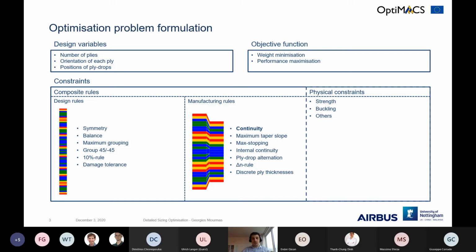And then there are manufacturing rules, which, as I said, because we're going to have a structure which varies in thickness across its span, and between neighboring zones or patches, as we usually call them, manufacturing rules regulate how these transitions exactly happen. And most important of them all is the continuity constraint, which says that between 2 neighboring patches, the plies within the thinnest one must be a subset of the plies in the neighboring thickest one.